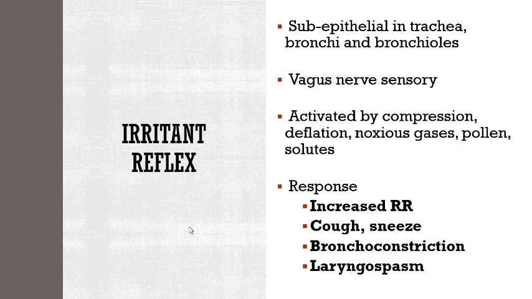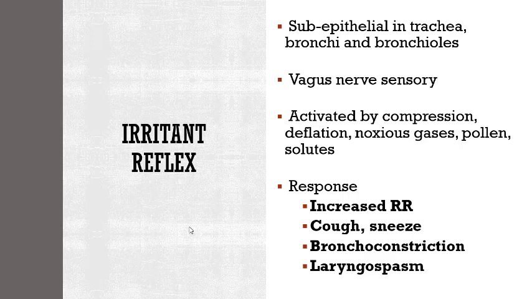And what it'll do is it'll increase your respiratory rate. It'll cause a cough or a sneeze. In severe cases, like people with asthma or irritants like water, like drowning, it can cause bronchoconstriction. So your bronchioles can actually close up or narrow, or it can cause laryngospasm. So if you think about how that could help to keep the irritant out of your lungs by spasming or closing down.